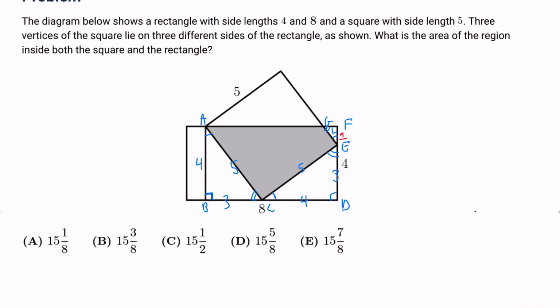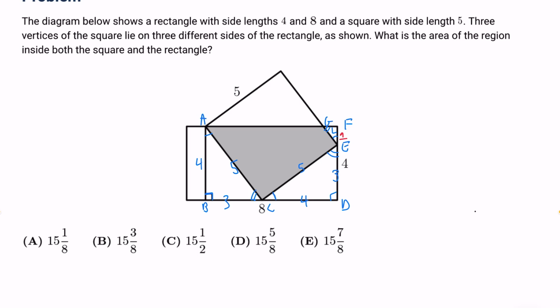However, for the smaller right triangle EFG, we could go and try to figure out the other side lengths. But we should also know that if 2 triangles are similar, and if we know the ratio of the sides, then that means that the ratio of their areas is the square of the ratio of the sides.